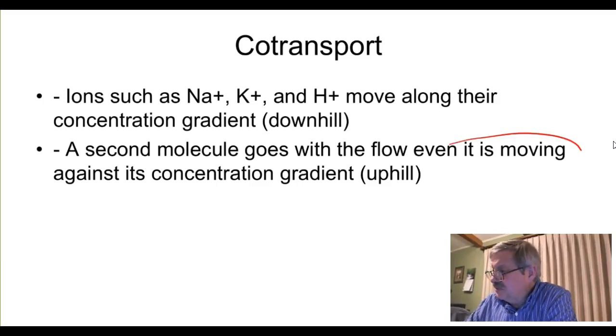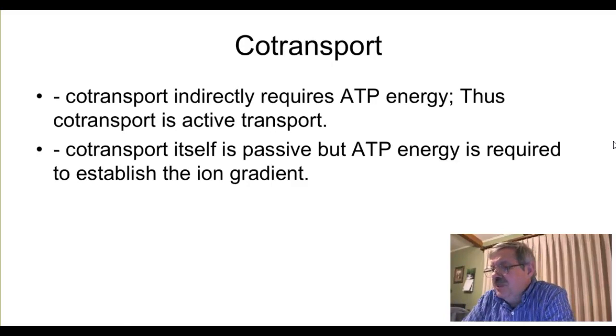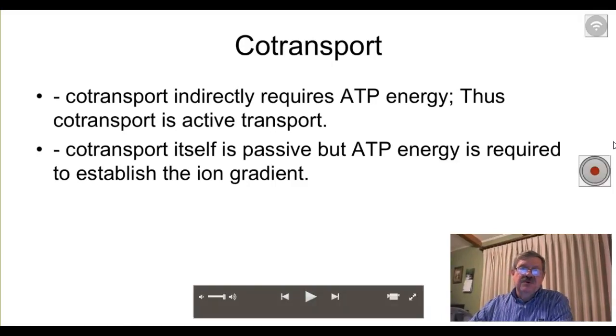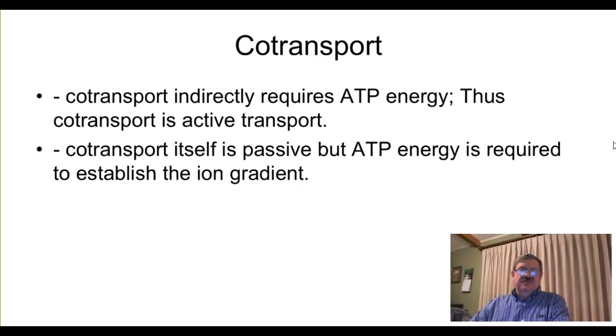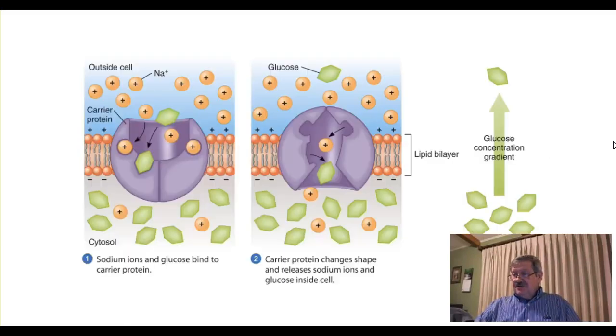Okay, so, there we go. Co-transport indirectly requires ATP energy. Thus, co-transport is active transport. Co-transport itself is passive, but we're going to have to use ATP energy in order to establish that ion gradient.